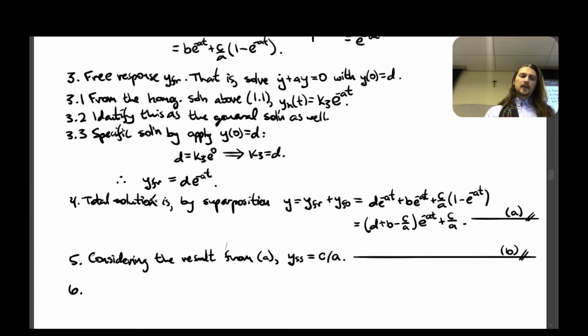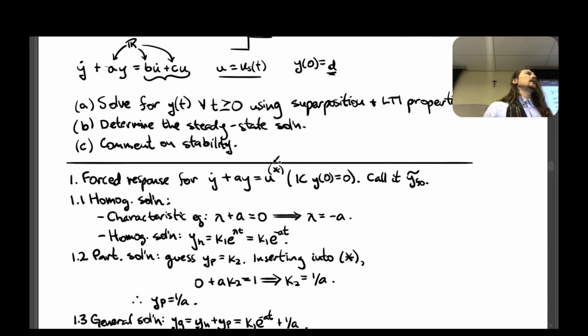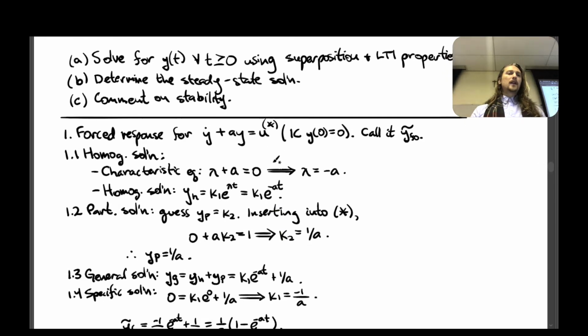Sixth step in the solution is to consider the next question, which is to comment on stability. Now, stability, we discovered, is governed by the roots of the characteristic equation. We found the roots of the characteristic equation really quickly in this problem. So we could have actually commented on stability way back here in the third line of the solution. But we were interested in something else at the time. But now we can realize that we've already done the math that's required, which wasn't too involved.